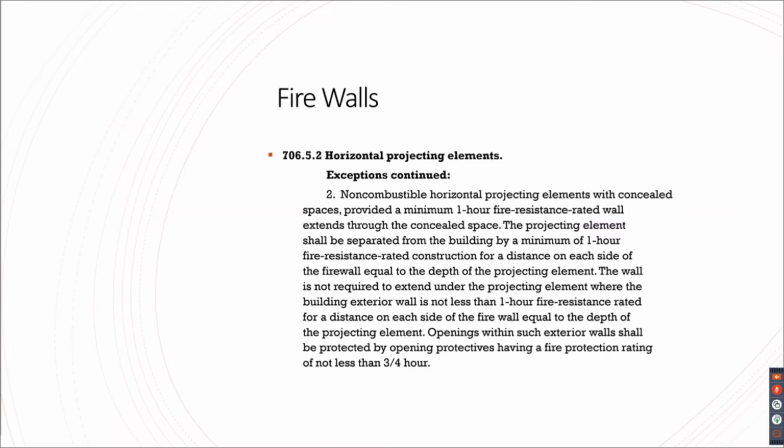The wall is not required to extend under the projecting element where the building exterior wall is not less than 1 hour fire resistance rated for a distance on each side of the firewall equal to the depth of the projecting element. Openings within such exterior wall shall be protected by opening protectives having a fire protection rating of not less than 3/4 hours.